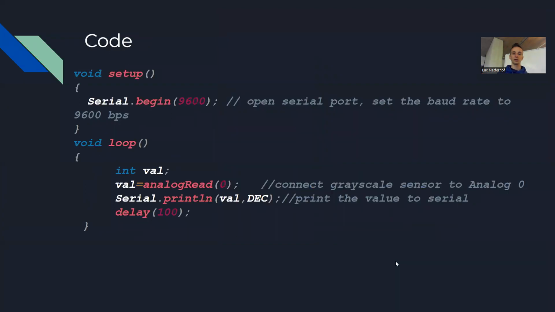And yeah, this is the main code just for reading a value off of it. So you've got your void setup, and for us to be able to read information off our sensor, we have to do Serial.begin, because Serial.begin opens a serial port and sets the baud rate to 9600, which is the baud rate of the Arduino.